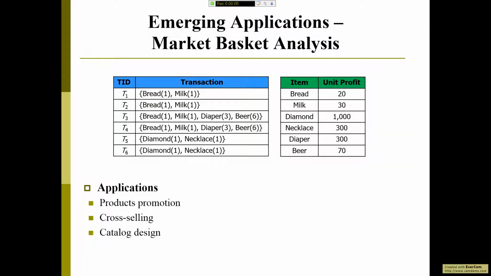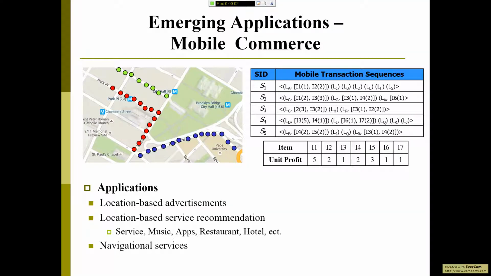In the application of market basket analysis, the discovered patterns can be used for product promotion, cross-selling, and catalog design. Besides market basket analysis, high utility pattern mining is essential to a wide range of applications.